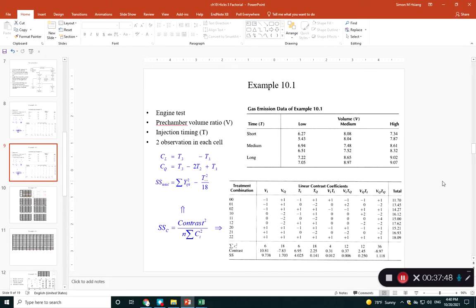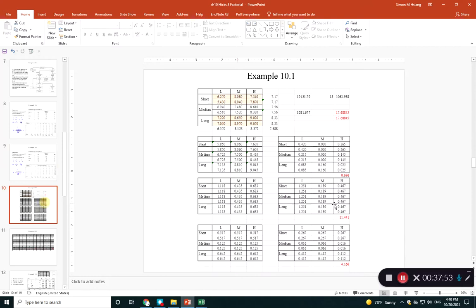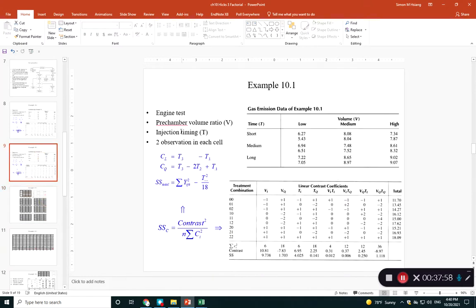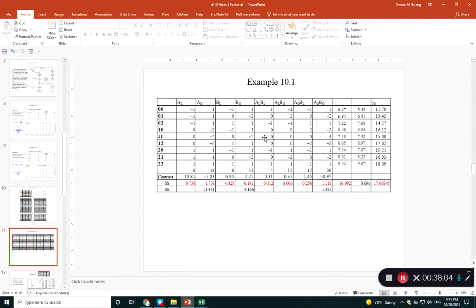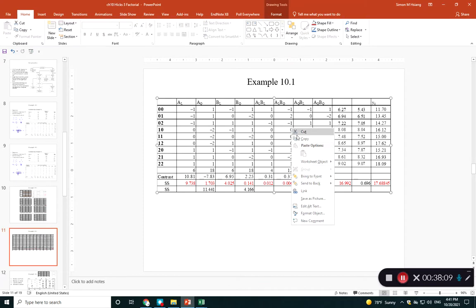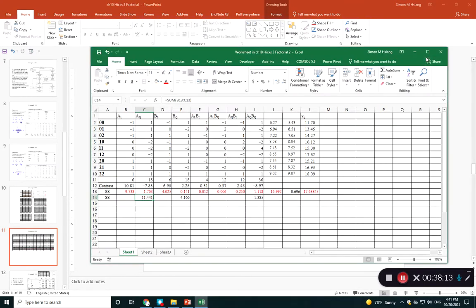So at the end, you can have the total sum of square, build it up based on that approach, and figure out the sum of square. And you can compare that old approach with this approach. This is the one I just introduced, the contrast way.